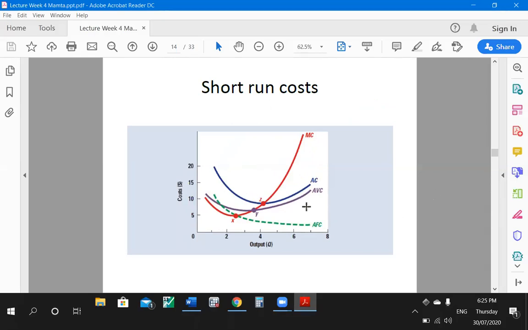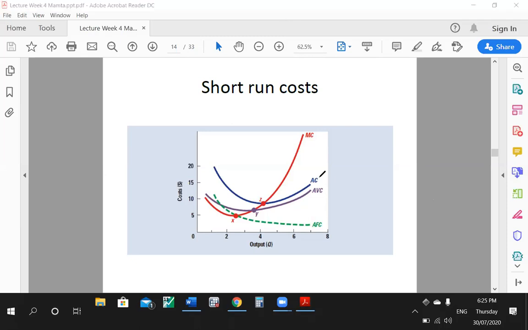So remember this thing that average variable cost will never cross average cost. Why? Because average cost includes average fixed cost plus variable cost. So average cost will always, let me annotate in here, average cost actually here is average variable cost plus average fixed cost.